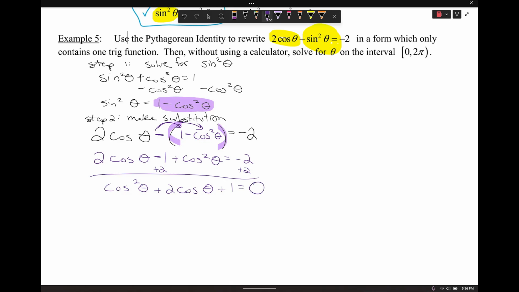And now I'm going to make another substitution. You don't have to make a substitution when you start to be able to recognize this problem. But because you don't recognize this problem, I'm going to make the substitution for you, okay? How about I pick this black, and I will say that x equals cosine of theta, which means right here I have x squared, and right there I have 2x, and right here I have plus 1, and that equals 0.